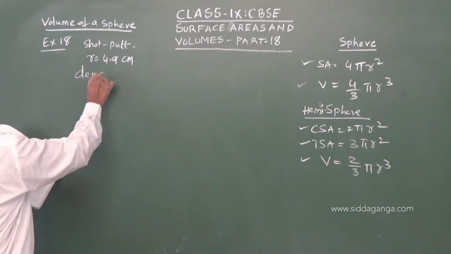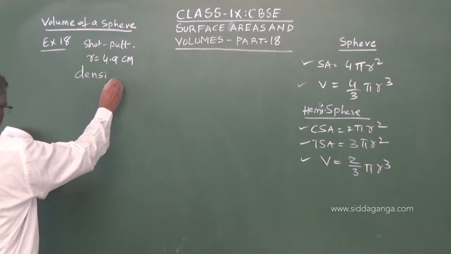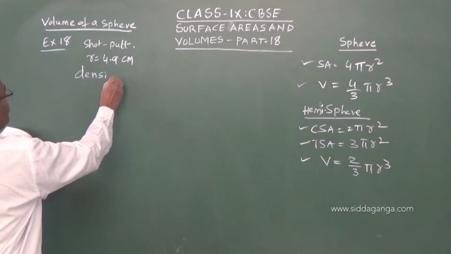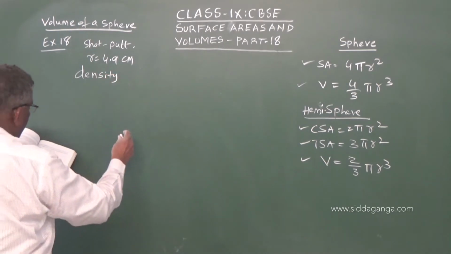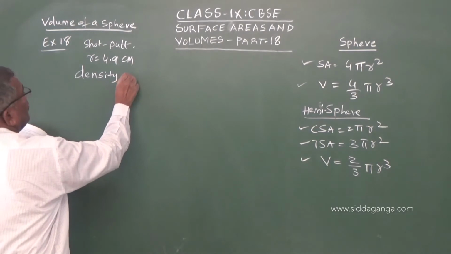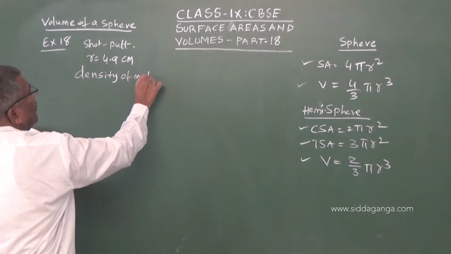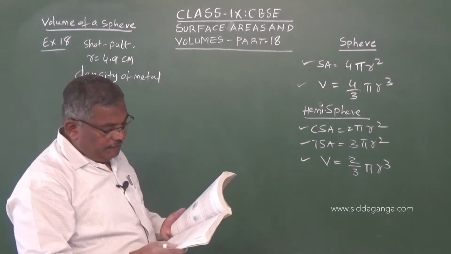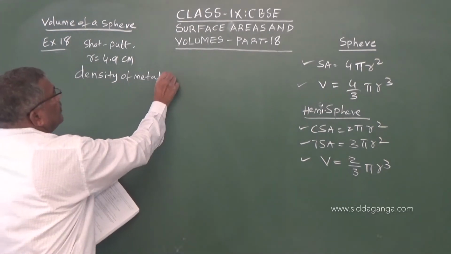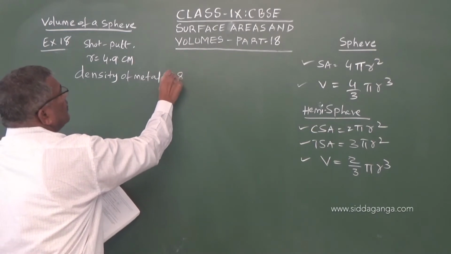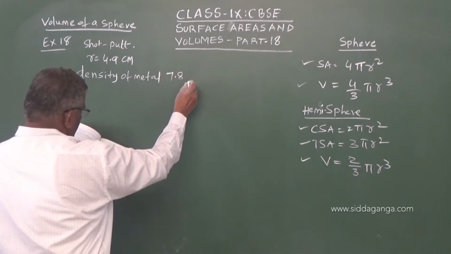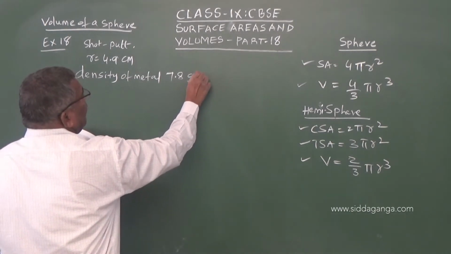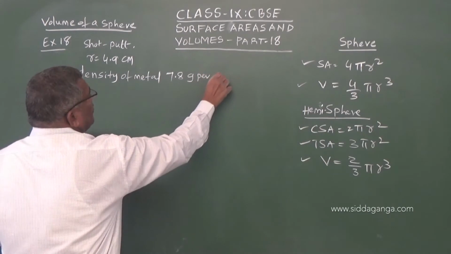Some physics is involved. Density of the metal by which the shot put is made is 7.8 gram per centimeter cube.